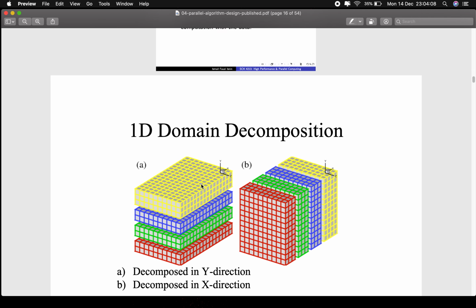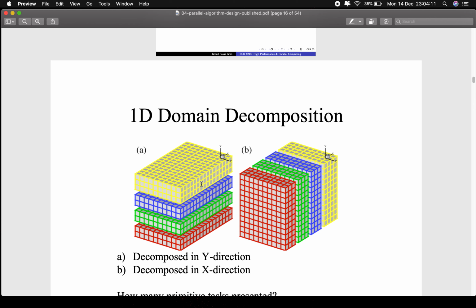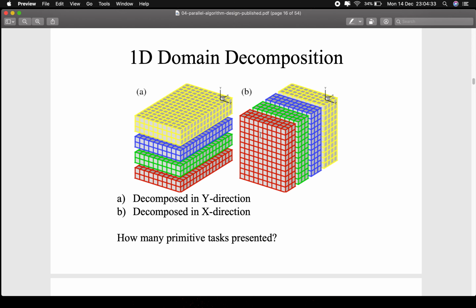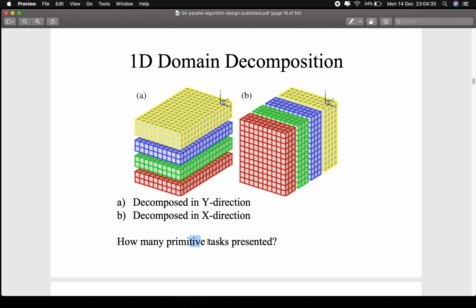This is how you partition your data. There are X, Y, Z axes, decomposition in the Y direction and also the X direction. You have two possibilities, A and B, and you need to check how many primitive tasks are present: red, green, blue, yellow.